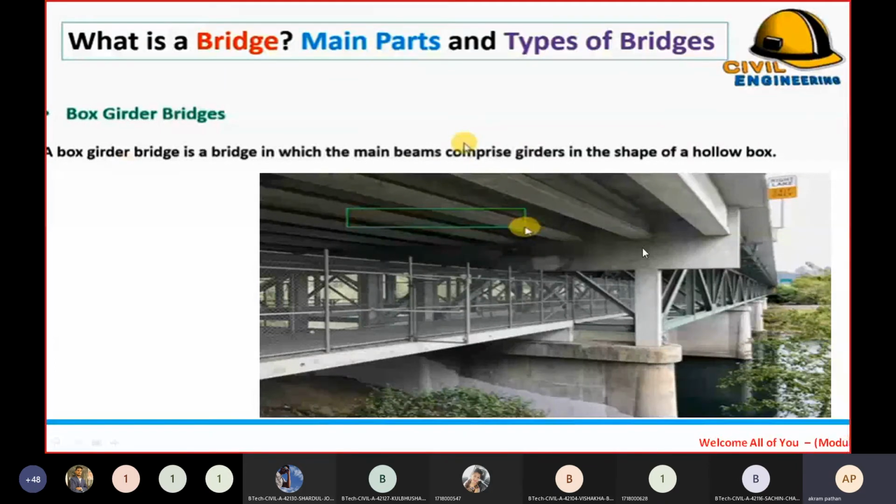So a box girder bridge is a bridge in which the main beam consists of girders in the shape of a hollow box, and this box transfers the load to the abutment or the piers.